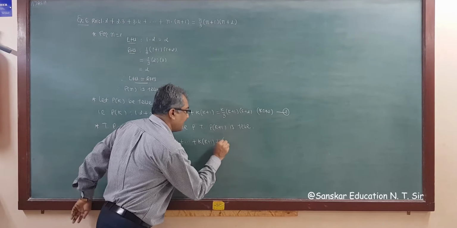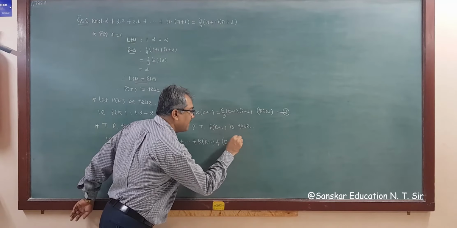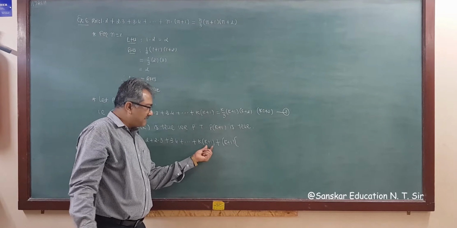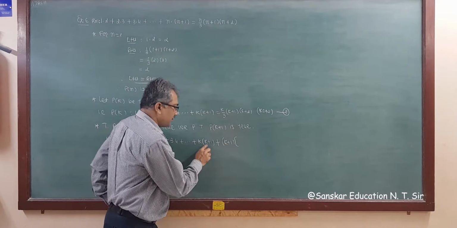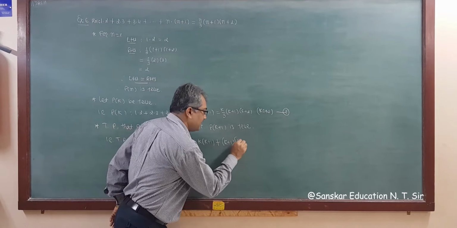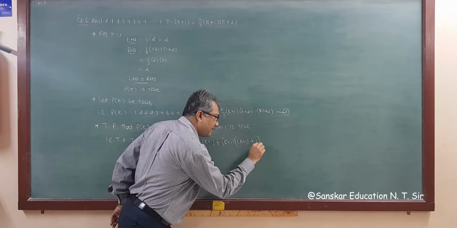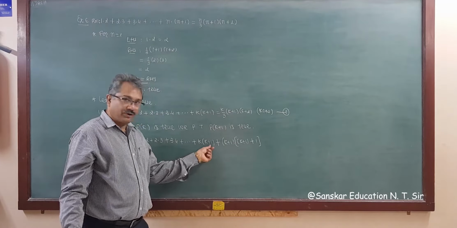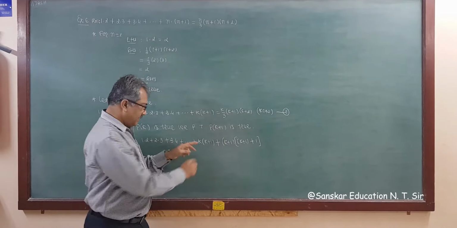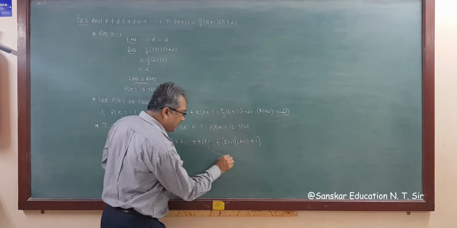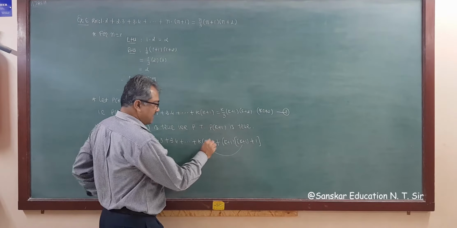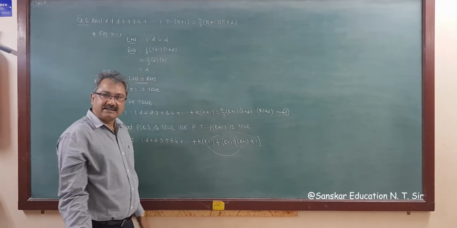So this is k, so (k plus 1). Here one bracket is already there, so I am writing a big bracket. So replacing k by k plus 1, this is (k plus 1) and the plus 1 is already there. We replace this k by k plus 1 and this 1 is as it is.